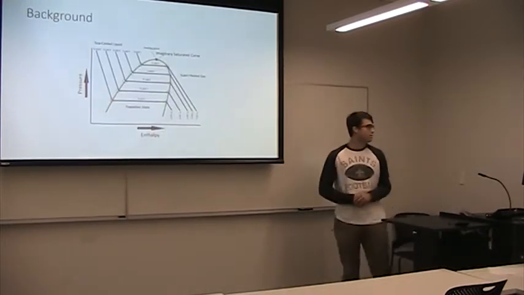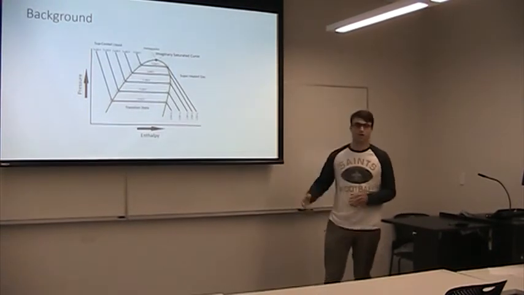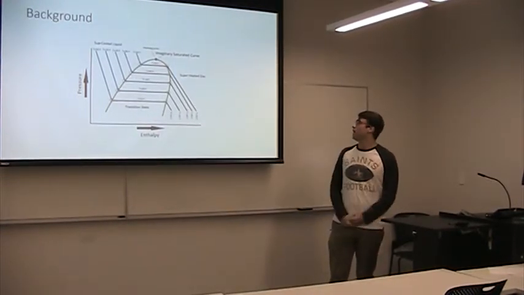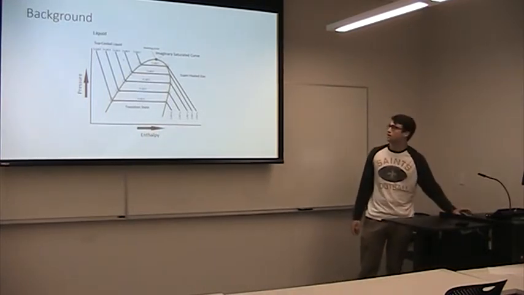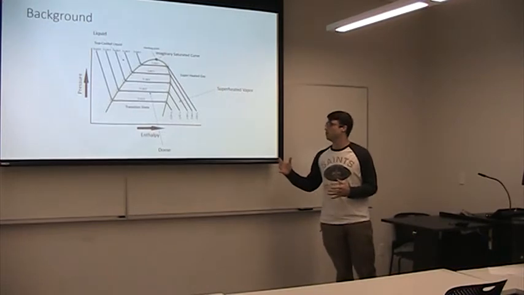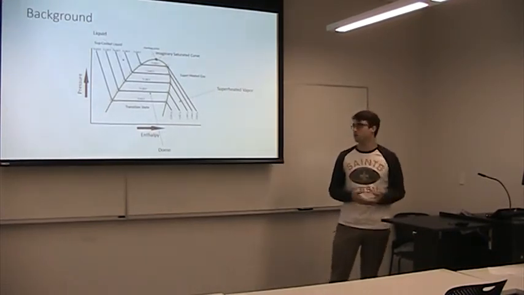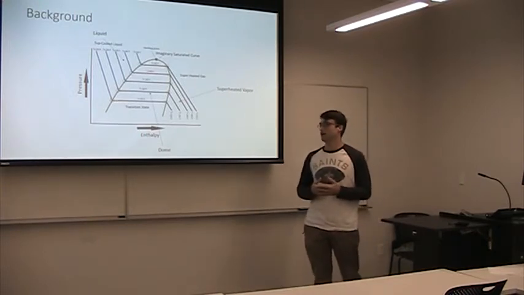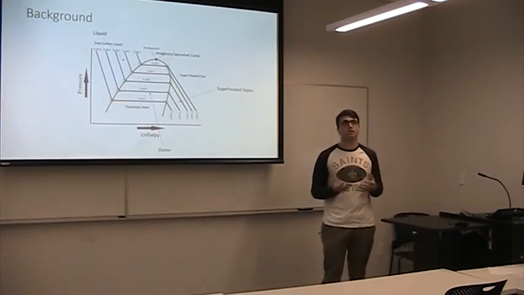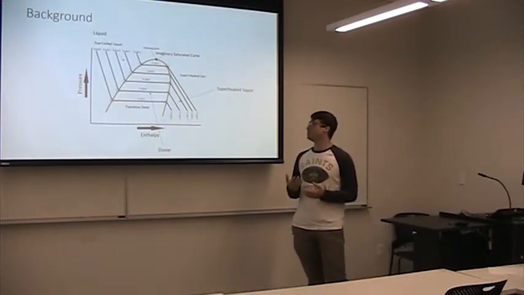So a little background. This is a pressure versus enthalpy chart with isotherms. And you've got three regions here. You've got the liquid region, and you've got the superheated vapor region, and then you've got the under the dome region, which is that constant pressure, constant temperature region where a substance transforms from a liquid to a vapor.